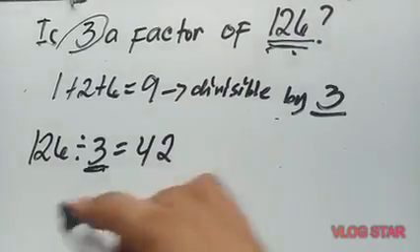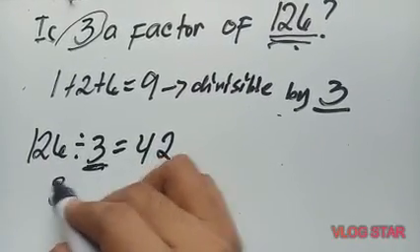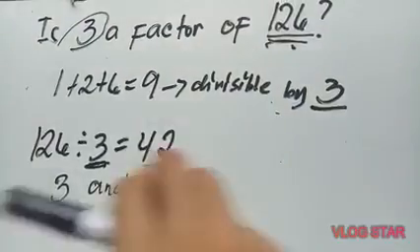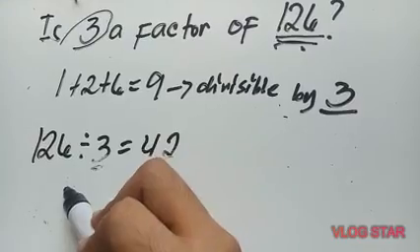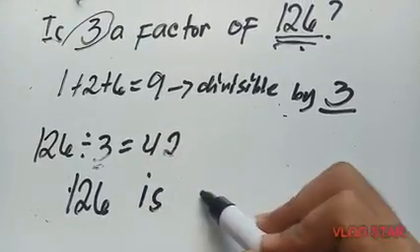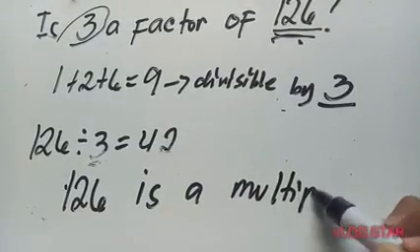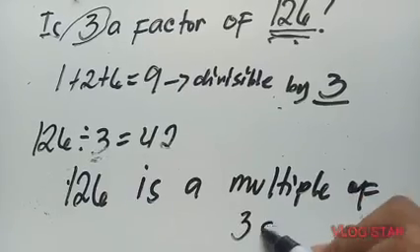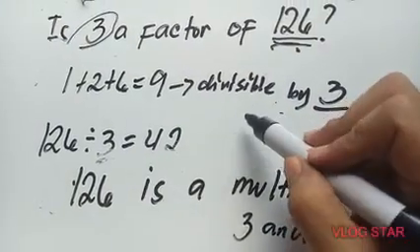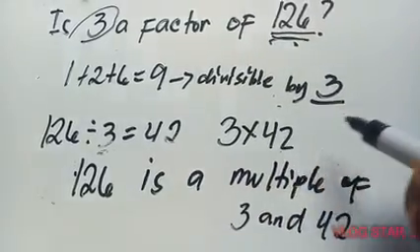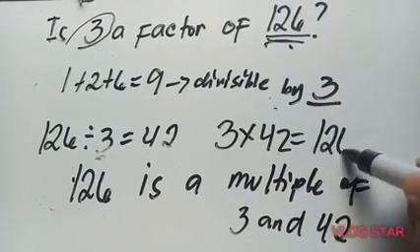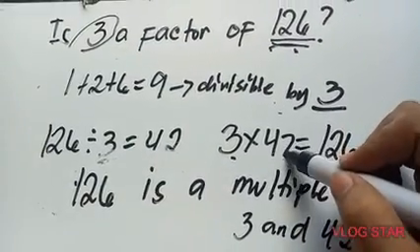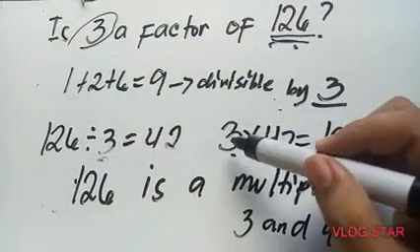And aside from that, 3 and 42 are factors, and 126 is a multiple of 3 and 42, because when you multiply 3 times 42, the answer is 126. 3 is a factor of 126. 42 also is a factor of 126.